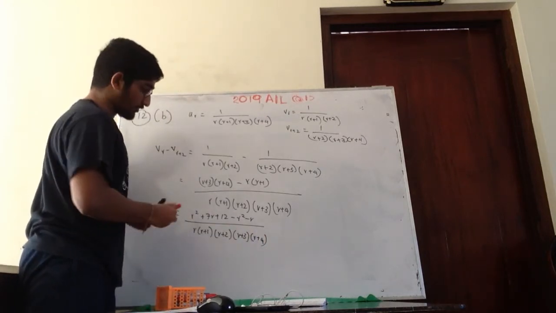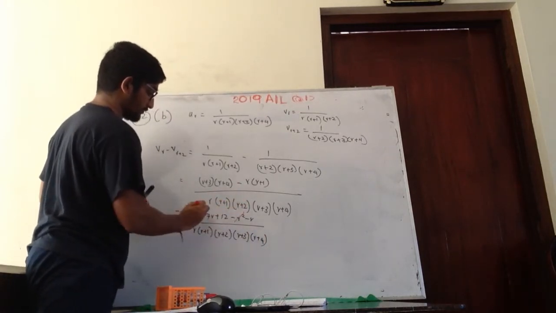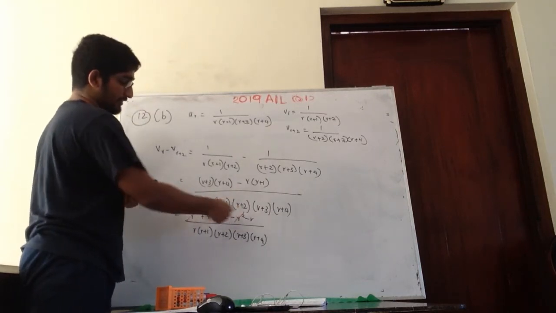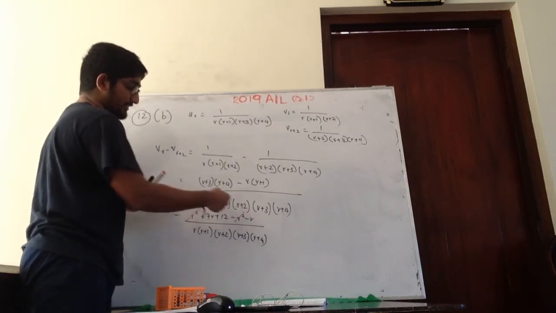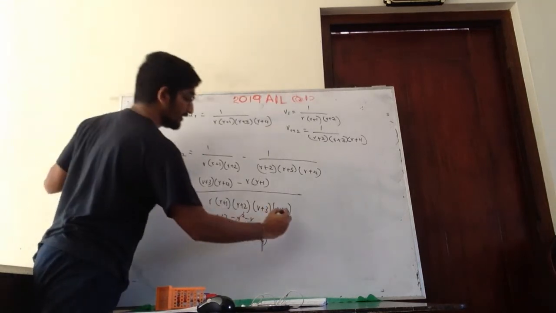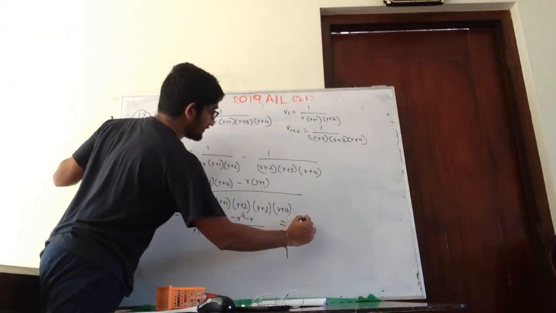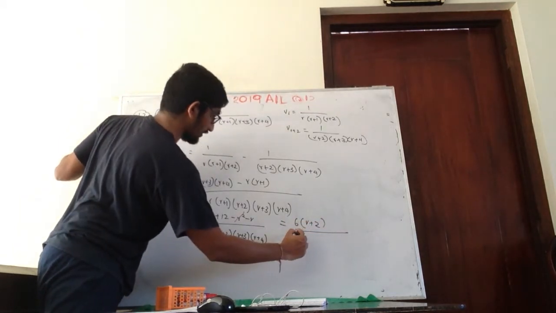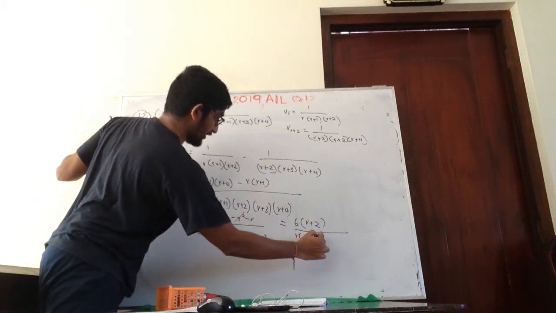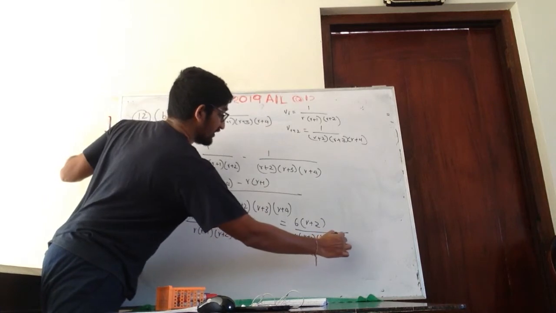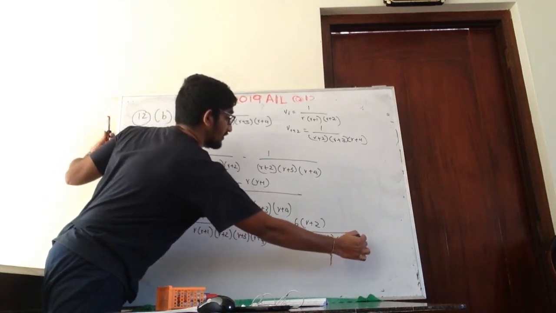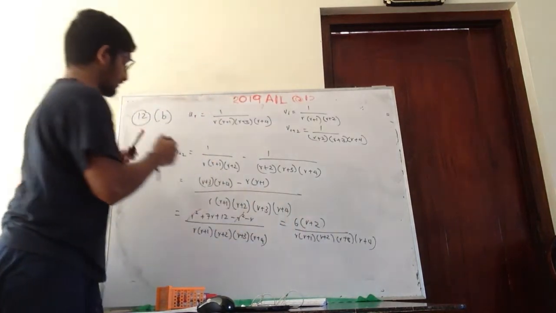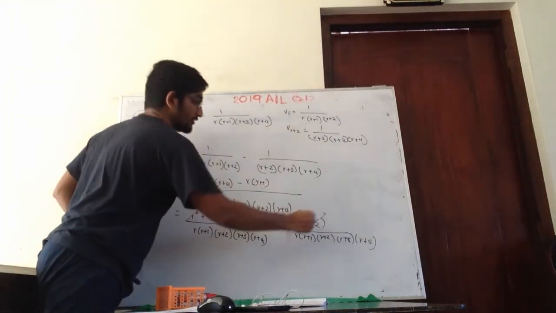So I can cut these off. Then I am left with 7R minus R is 6R, 6R plus 12. That is, I can take 6 out, so 6 times (R plus 2). Here I am going to cut this off.